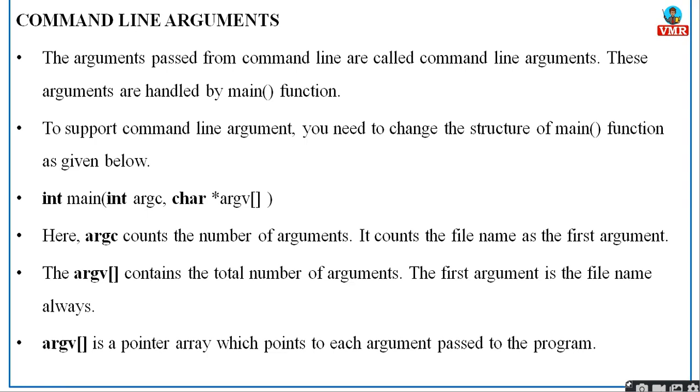It doesn't ask you to enter A and enter B after execution starts. If I'm writing a command line argument for add, I compile add.c, and then after a space I have to provide the values there, 3 space 4. Then whenever you press enter, these 3 and 4 will be copied into your program and you will get the output directly, right?